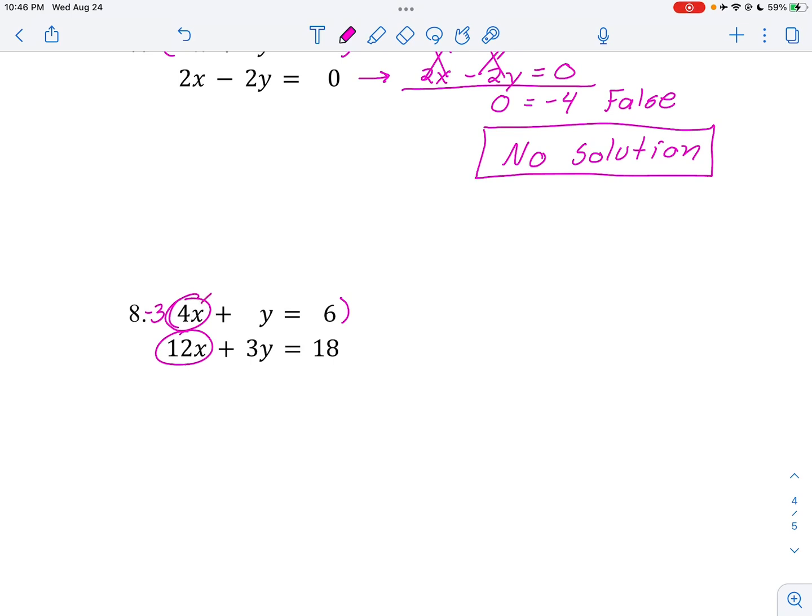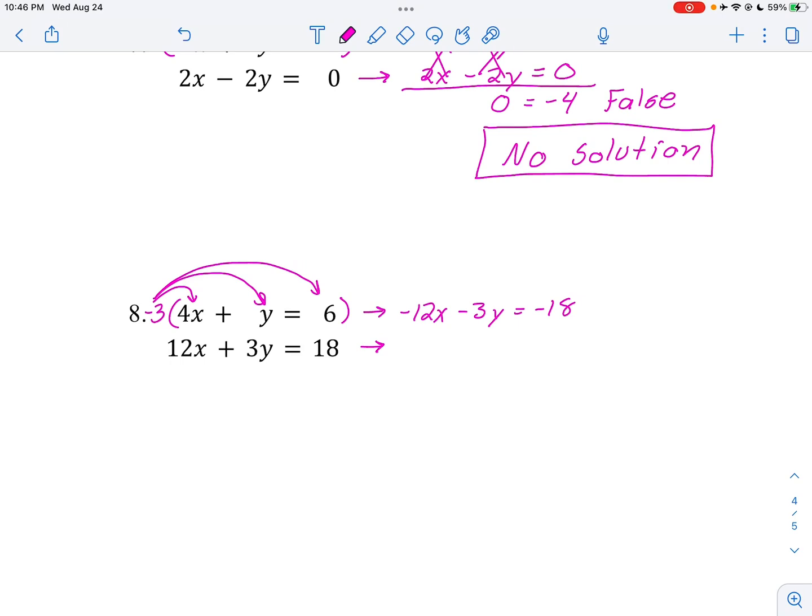Or if you prefer, you could choose to get rid of the y's also. Either one would be fine. So if we go with the x's, then I'm going to multiply by negative 3. That gives me negative 12x. Then this gives me negative 3y equals negative 18.